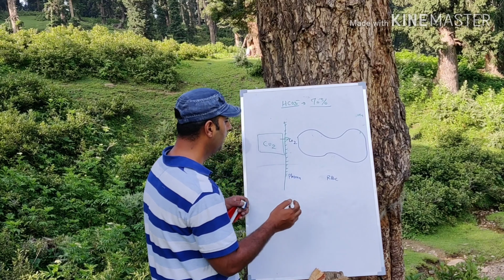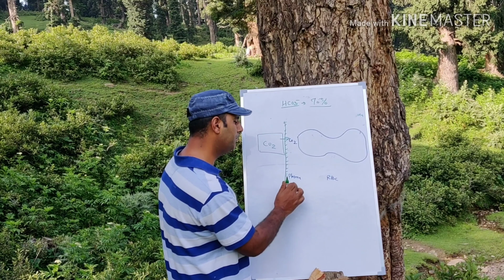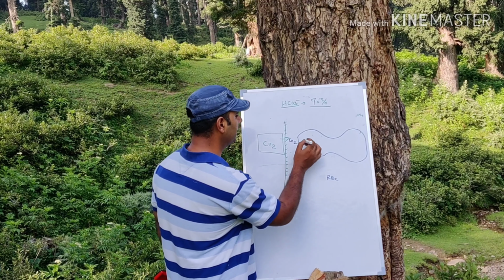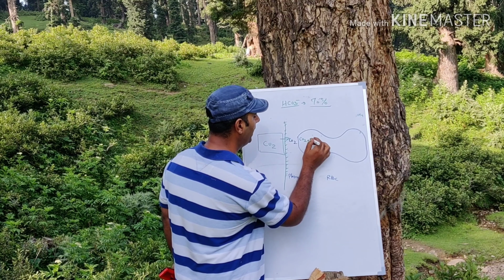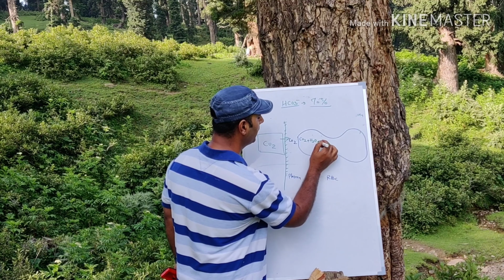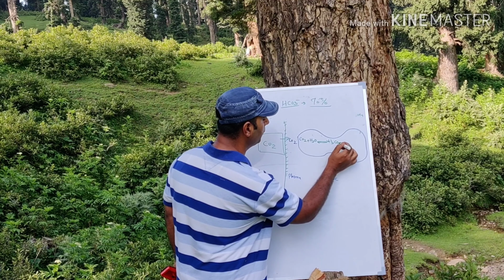This carbon dioxide comes into the blood, and the transport of carbon dioxide from the tissues to the blood follows the partial pressure gradient, because the partial pressure inside is high and outside is low. So carbon dioxide moves to the blood plasma. This carbon dioxide enters the RBC. It binds with water and forms carbonic acid, H2CO3.